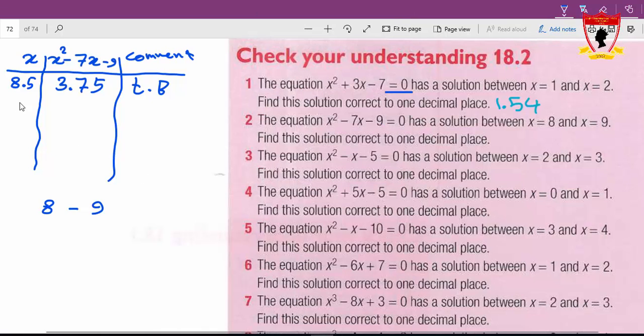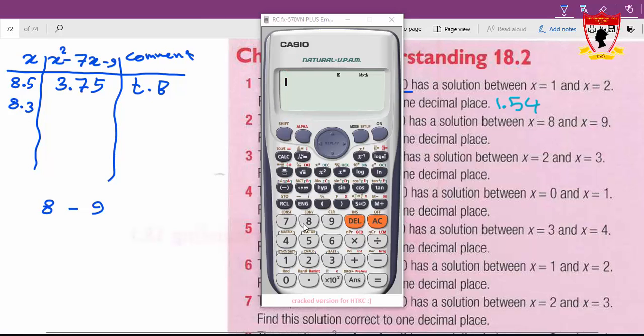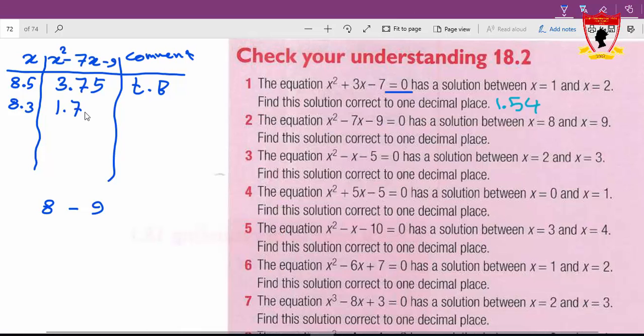Okay, if we pick 8.3, let's see how this works. 8.3 power 2 minus 7 times 8.3 minus 9. This is equal to 1.79. As you see, we are getting closer to 0, but compared to 0, 1.79 is too big. Let's pick something less than 8.3. 8.1.